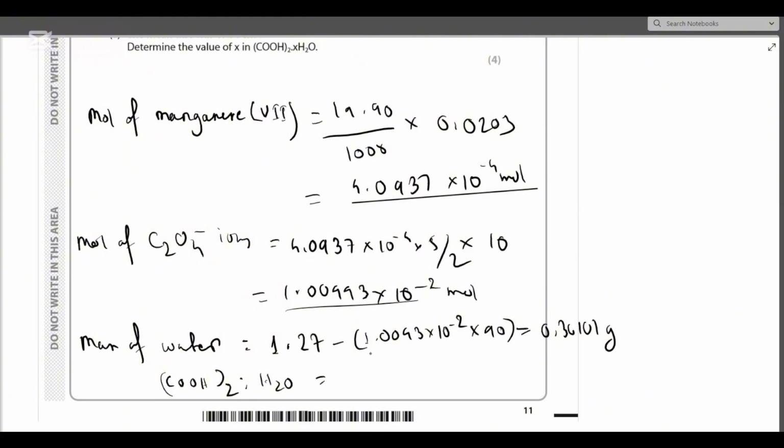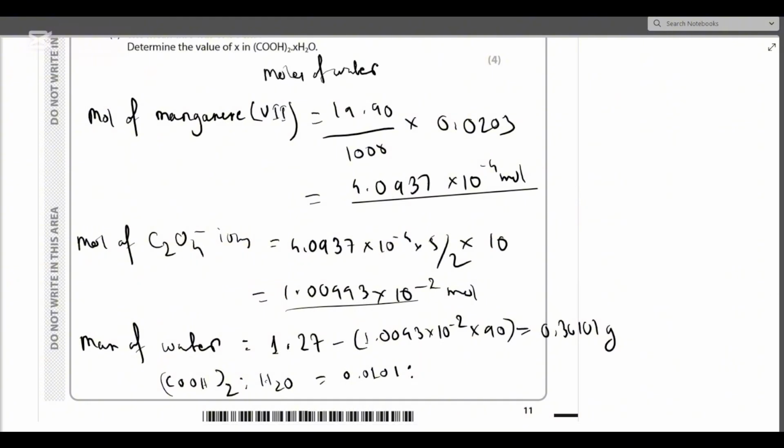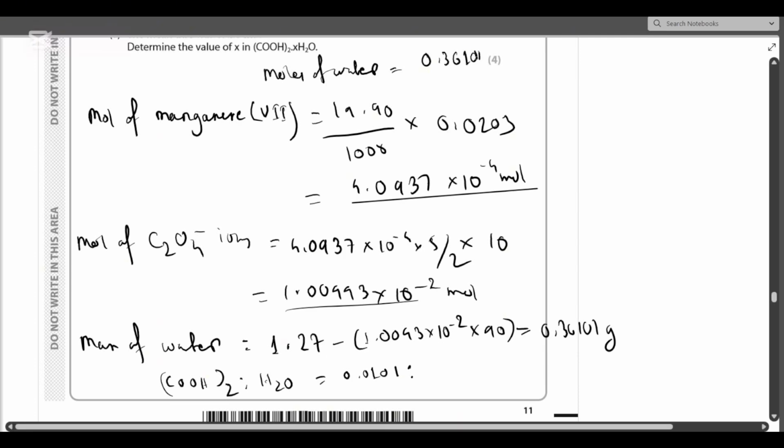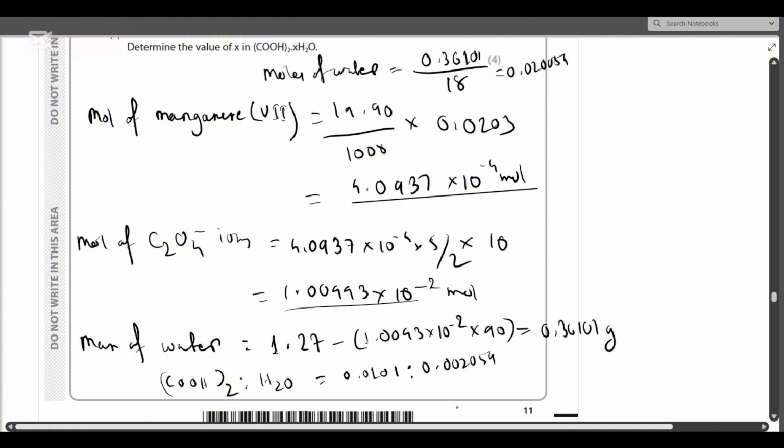We know the moles of ethanedioic acid is about 0.101 in decimal form. To find the moles of water, divide the mass you have found by the molar mass 18, so you'll get about 0.020059. So that is the moles of water.